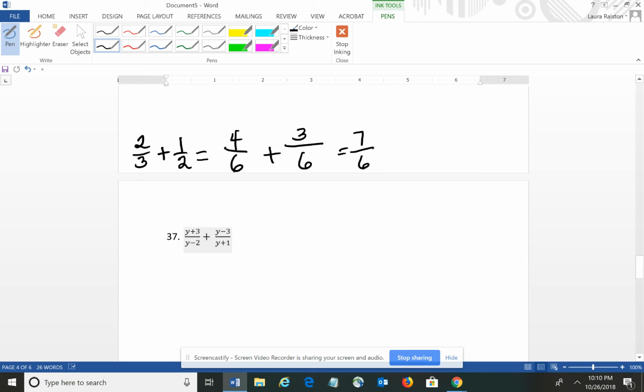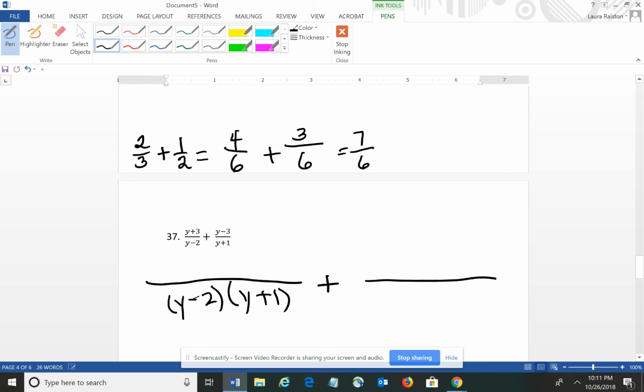But since those are two different pieces and both fractions need both pieces, that is my clue that my common denominator here is going to be y minus 2 times y plus 1 for both of the fractions. So I'm going to get it set up, plus y minus 2, y plus 1.